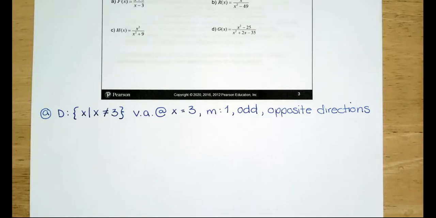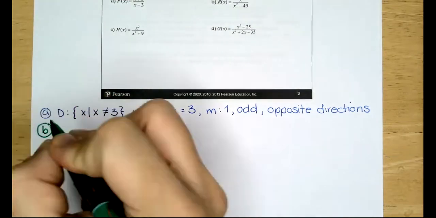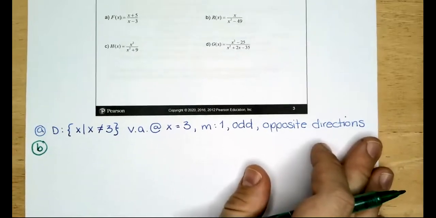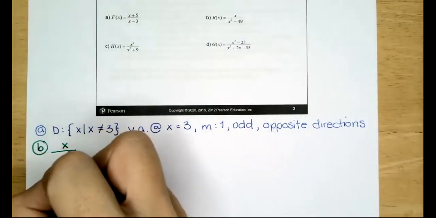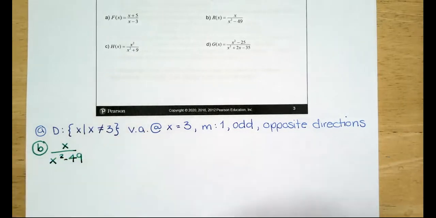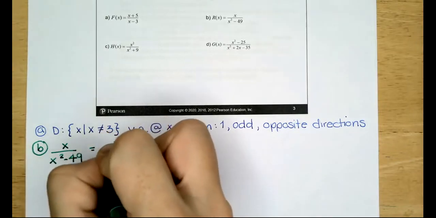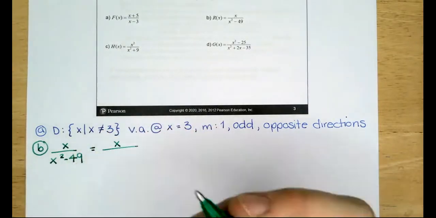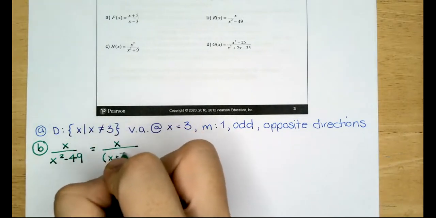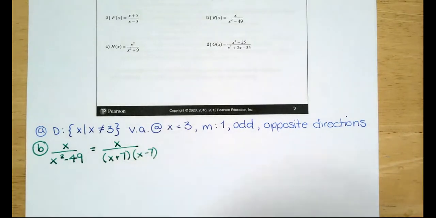Okay, let's go to B. What would our domain be for B? Ooh, B we can simplify, look at that. So x over x squared minus 49. Again, this is the difference of two squares. So that can become x over the factored form. The factored form of x squared minus 49 is x plus 7 times the quantity x minus 7. Okay?